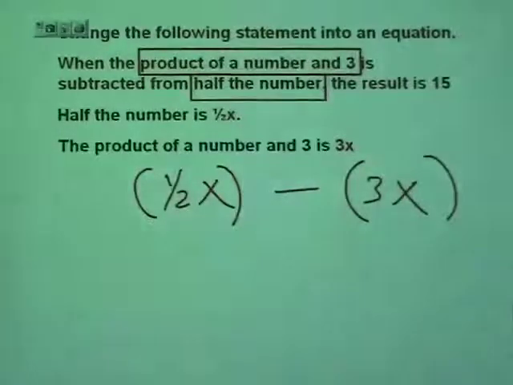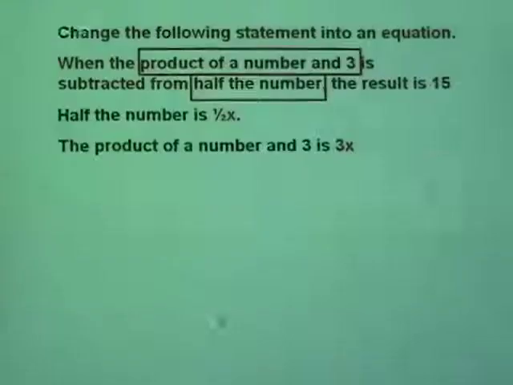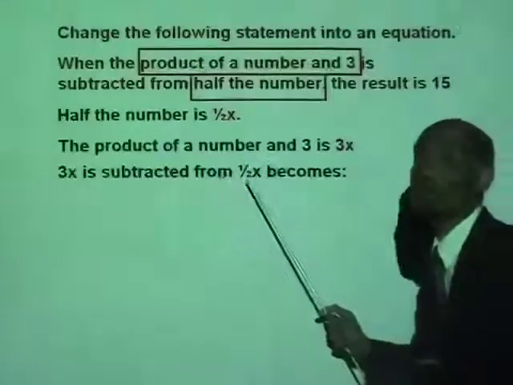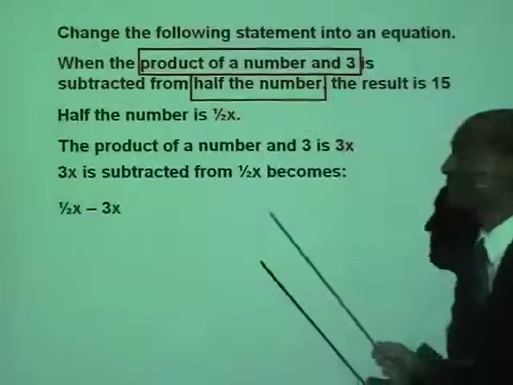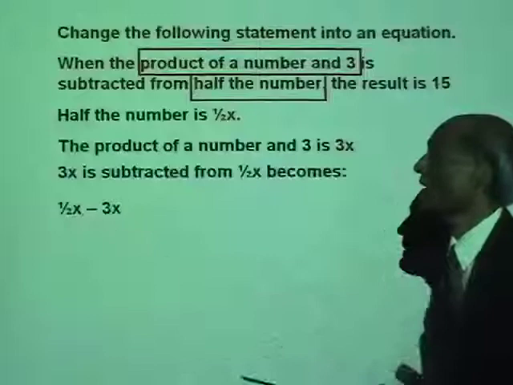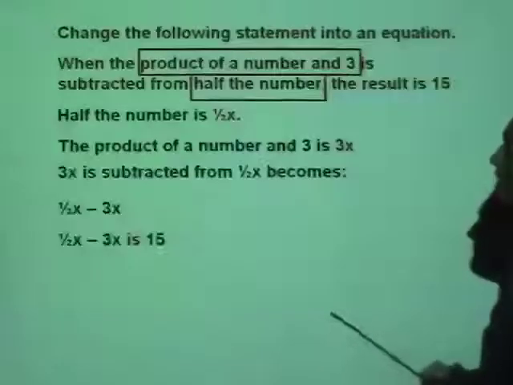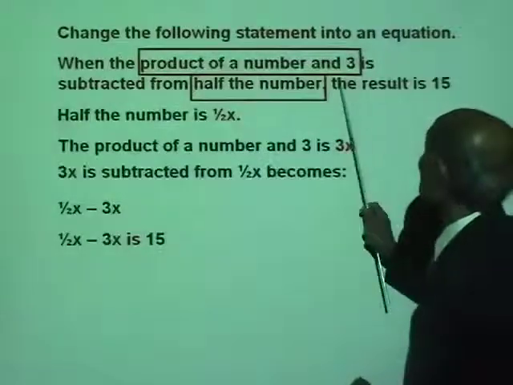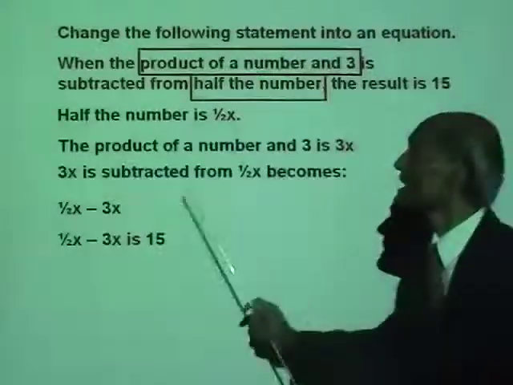Okay. So 3x is subtracted from 1/2 x becomes 1/2 x minus 3x. And now you got to say that the result is 15.